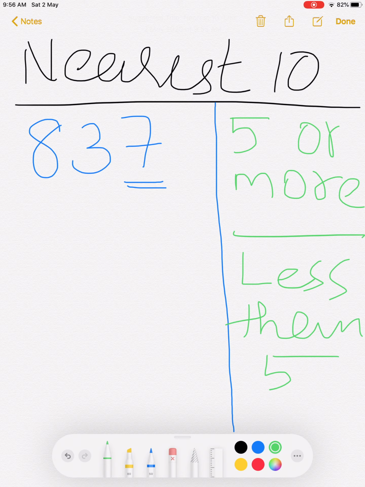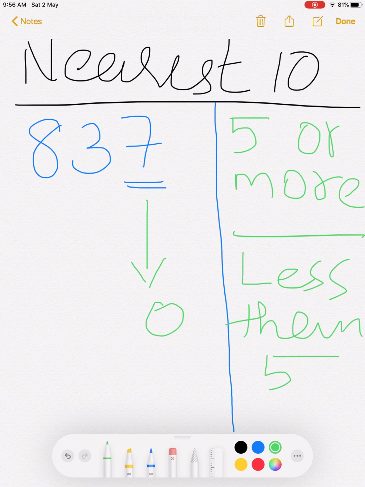A multiple of 10 has 0 in the ones place. When we give 0 in the ones place, the change comes in the tens place, because we are rounding off to the nearest 10.